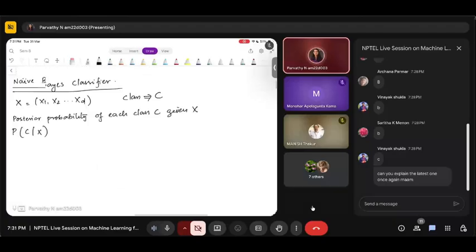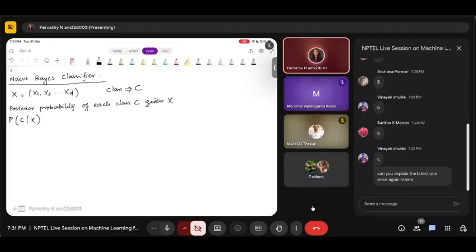Now by Bayes theorem, this is probability of x given C into probability of C divided by probability of x. This probability of x is the same for all classes, so we only maximize the numerator. This is mentioned in the video, so we ignore that part and only maximize the numerator.